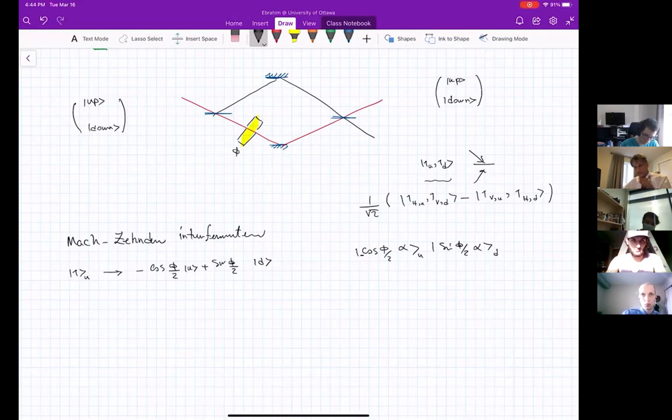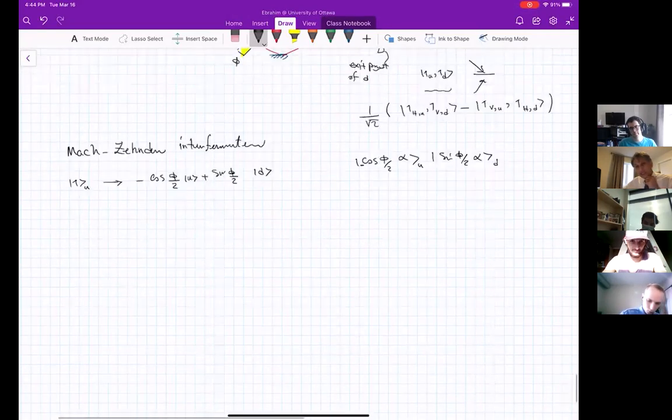This was for a coherent state. So the result is not surprising if you do it with a coherent state or with a single photon state. At the end, let's say I'm looking at the exit port D.